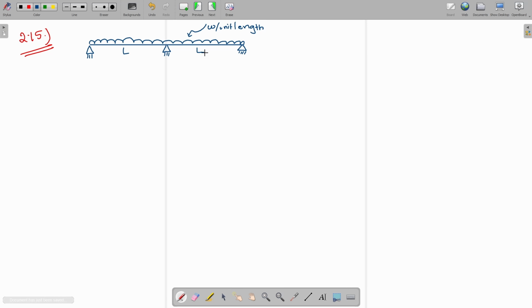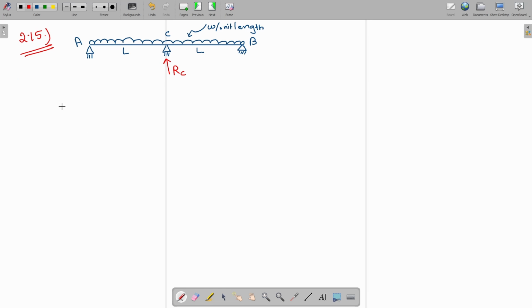Let us take this point to be A, this point is B. 2.15 has asked us to find the reaction at the middle point, that is point C. We need to find RC. Okay, this is our question.